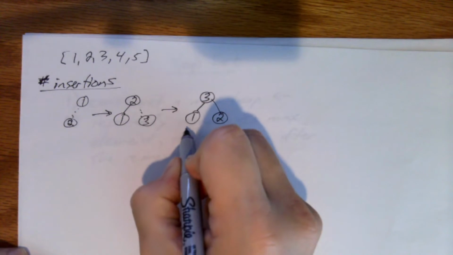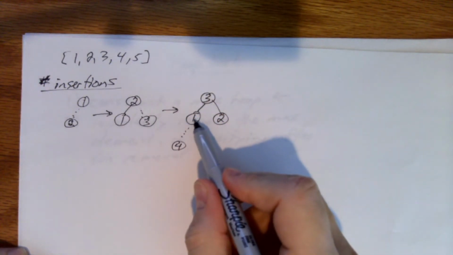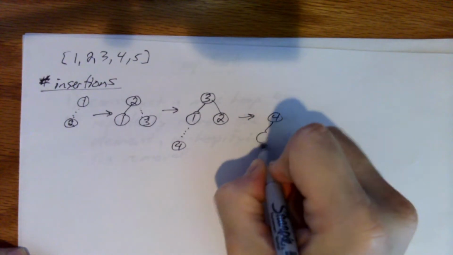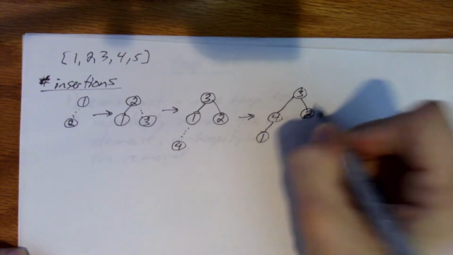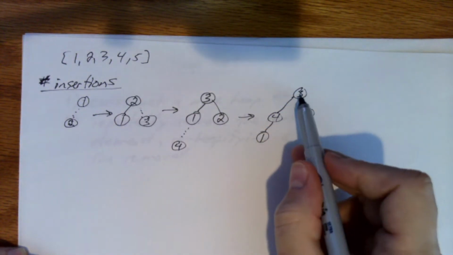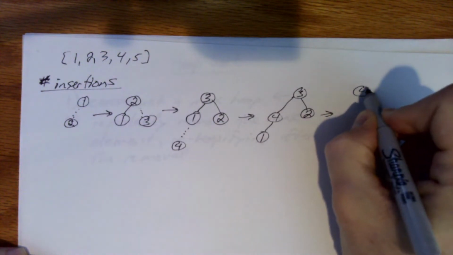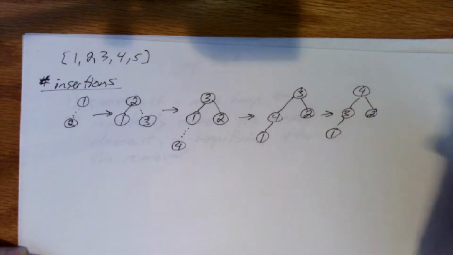Now we want to add the 4. Check the max heap property, it's violated here, so we swap the 4 and the 1. So we have the 3 and 2, and now we check the heap property with the 3 and the 4, that's violated. So we fix it and we have 4, 3, 1, 2.